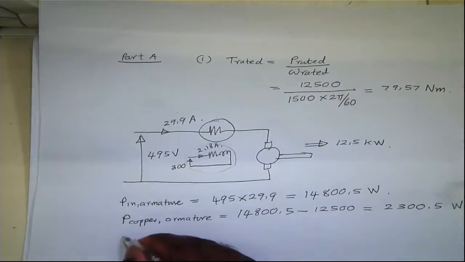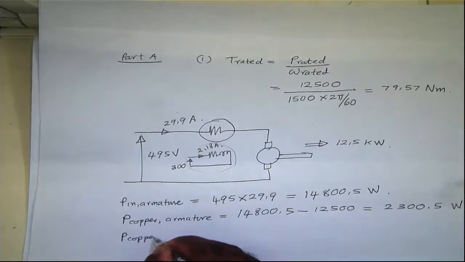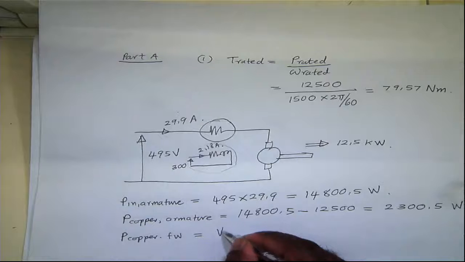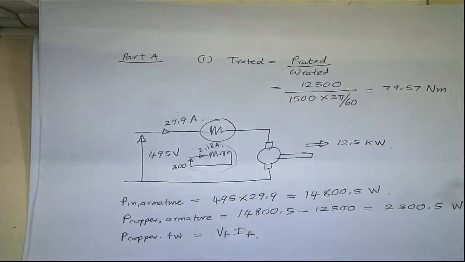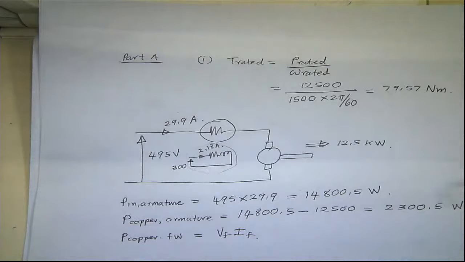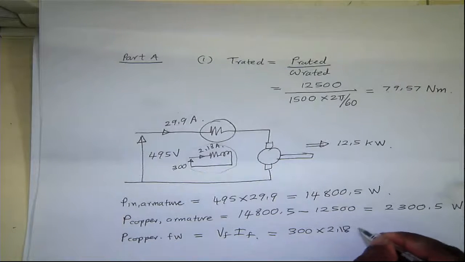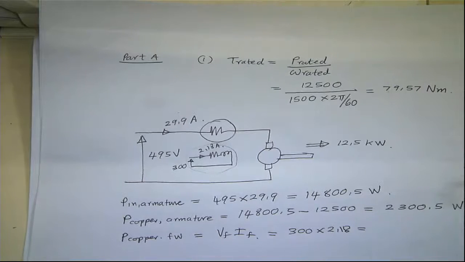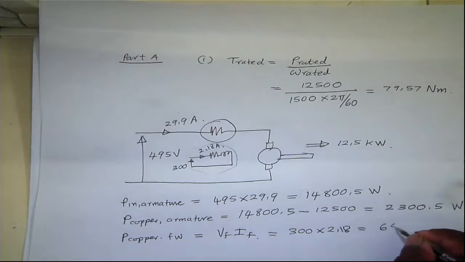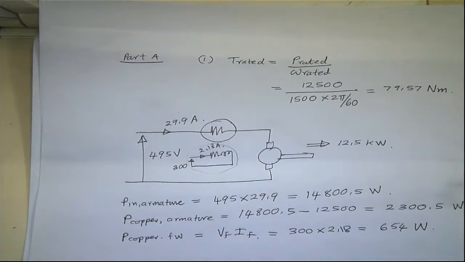So the copper loss in the field winding will be the field voltage times field current, or if you know the resistance in the field circuit, you could do I squared R as well, so it's the same. This will be 300 times 2.18. So you have 654 watt power loss in the armature. Oh, sorry, yes, field winding.